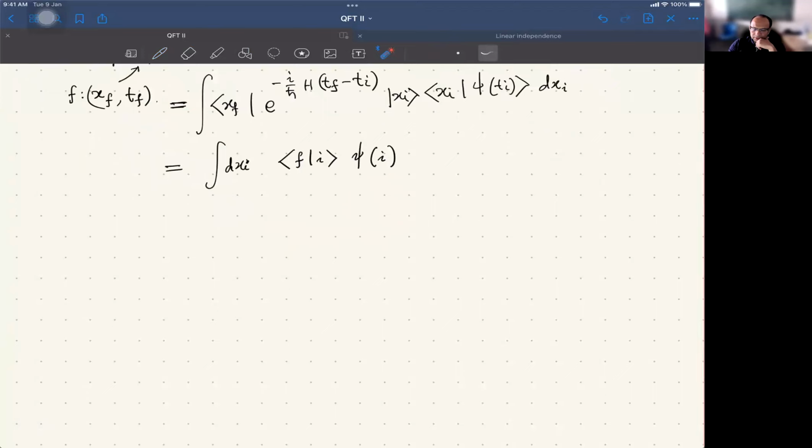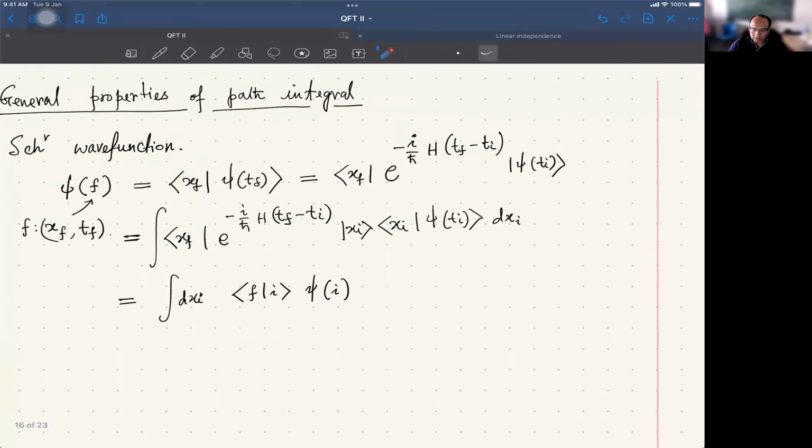So you have some initial event where there is a wave function. The wave function has certain normalization properties and so on. But let me draw a cartoon here in order to explain.